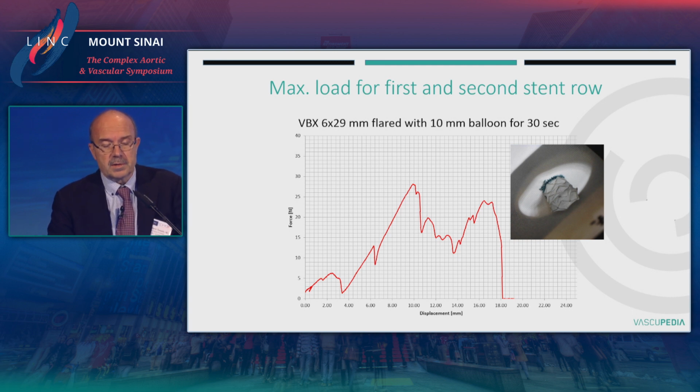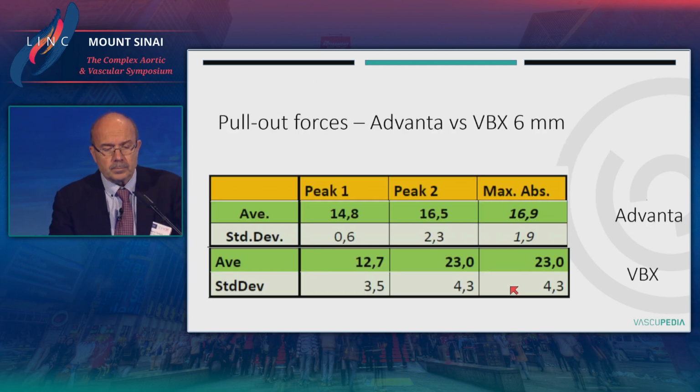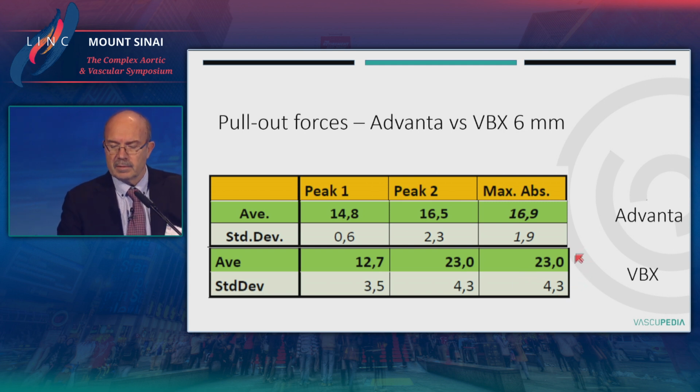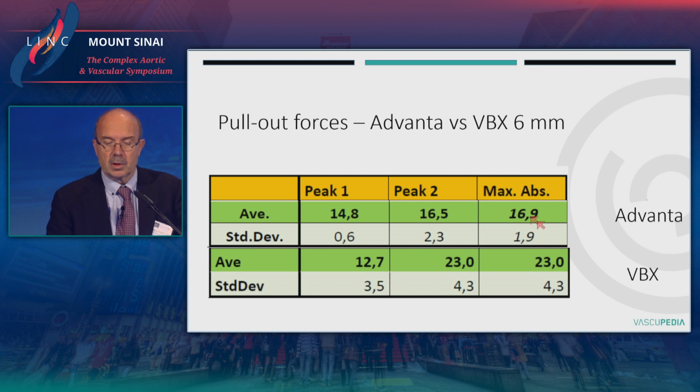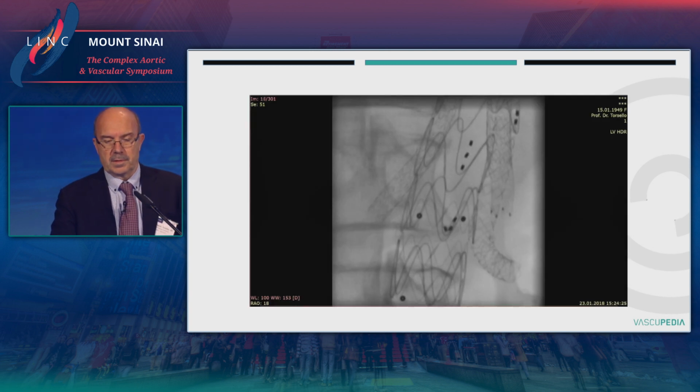And we measure the force, and you see we have two peaks because we have two rings inside the aortic portion, and the forces were between 25 and 30, so more or less 27 Newton measured. And we compared that with our standard of care, which is the Advanta, and you see that the VBX was not inferior to the Advanta in terms of maximal pull-out forces.